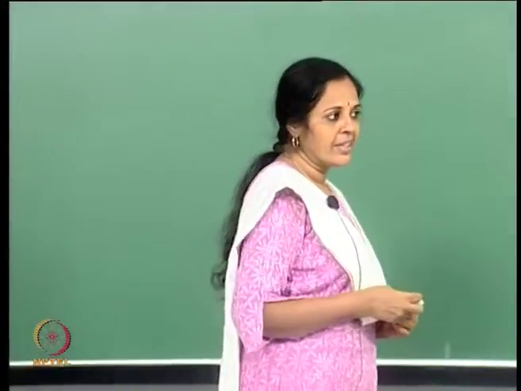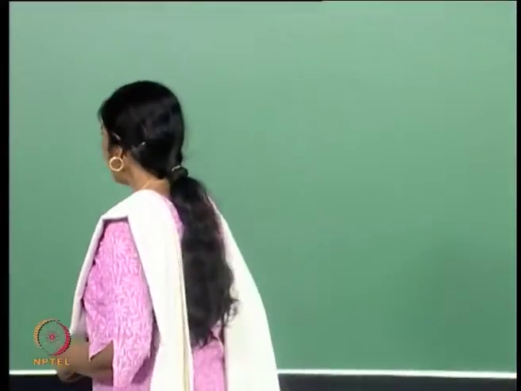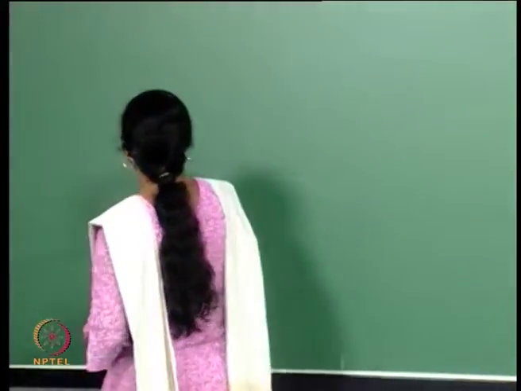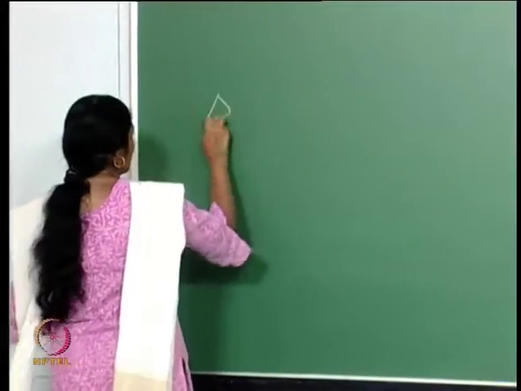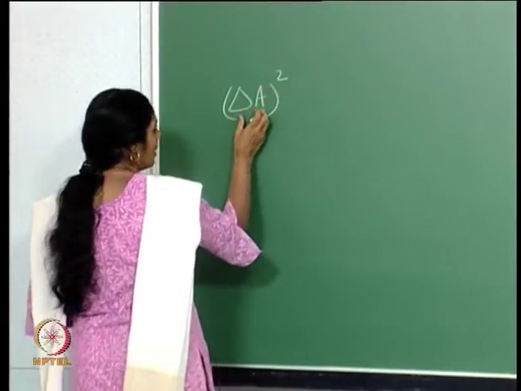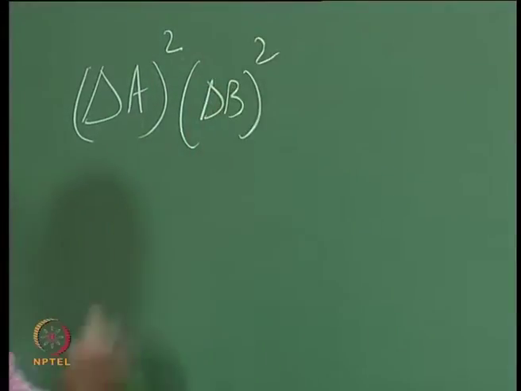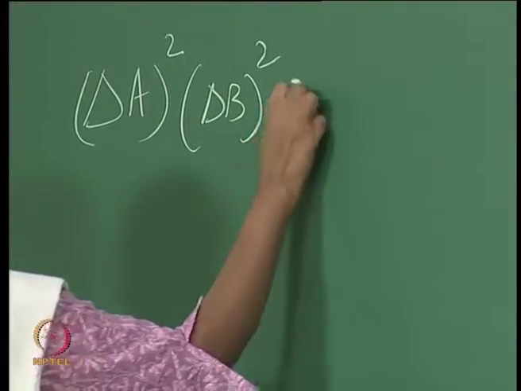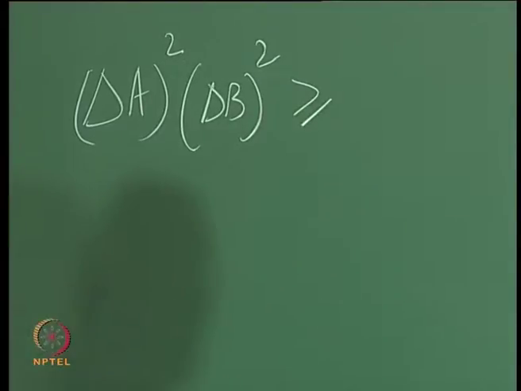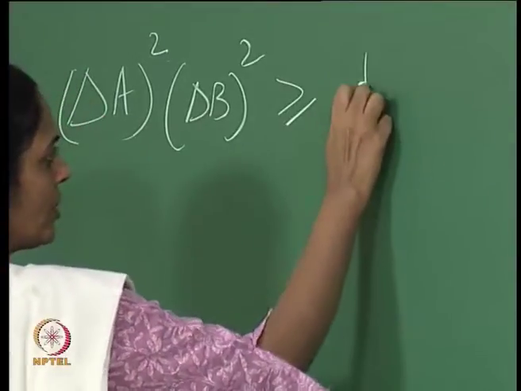In the last lecture that I gave, I discussed the uncertainty principle, the general uncertainty principle, where we had the relation that the variance in the measurement of A times the variance in the measurement of B is greater than or equal to, the right hand side had two contributions.